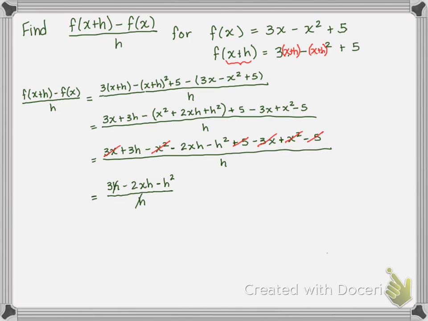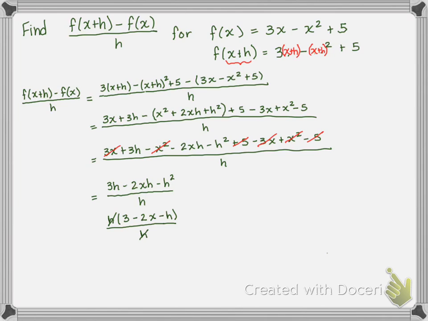Right, well, there's multiplication between the 3 and the h, but there's subtraction up in the numerator. It's not all multiplication. So in order to cancel an h, I have to factor an h out of the entire numerator, so the whole thing. So we have h times 3 minus 2x minus h, over h.